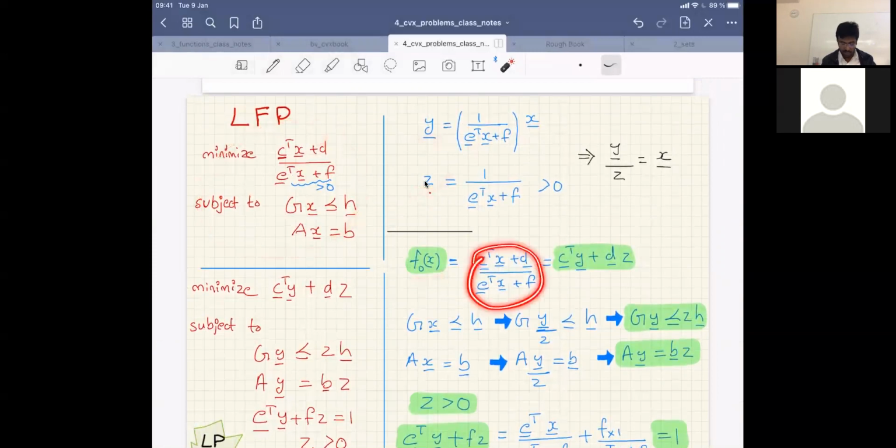It was this guy, right? And now I can rewrite that in terms of y and z like this. C transpose y, that means y is this. When you take C transpose y, it will be C transpose x, that will be this term, right? Plus dz. So dz is this guy.